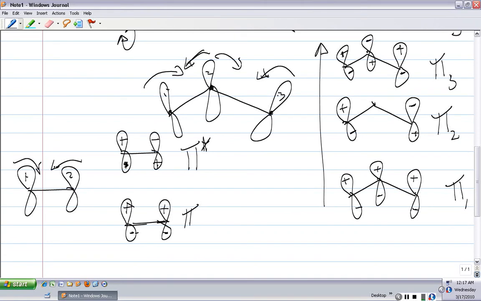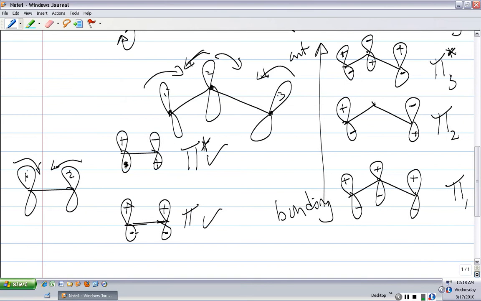I know that not only is there orbital conservation, so the number I put in, 1, 2, is the number I get out, 1, 2. So here the number I put in, 1, 2, 3, is the number I get out, 1, 2, 3. But I also know that the number of bonding orbitals is equal to the number of anti-bonding orbitals. So if I look at my scenario with my 3 p orbitals, pi 1 must be bonding, pi 3 must be pi 3 star, which means it's anti-bonding, right?